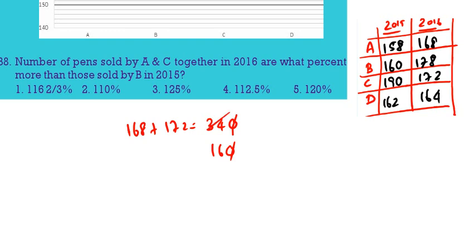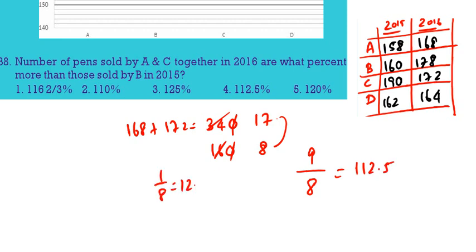It will be equal to 340 and 160, 34 is nothing but 17, 16 is nothing but 8. Now the question is, 17 is how much more than 8? 17 is more than 8 by 9. So 9 by 8 is always equal to 112.5. Always remember 1 by 8 is equal to 12.5. 9 by 8 is equal to 112.5. 4 is the correct answer.